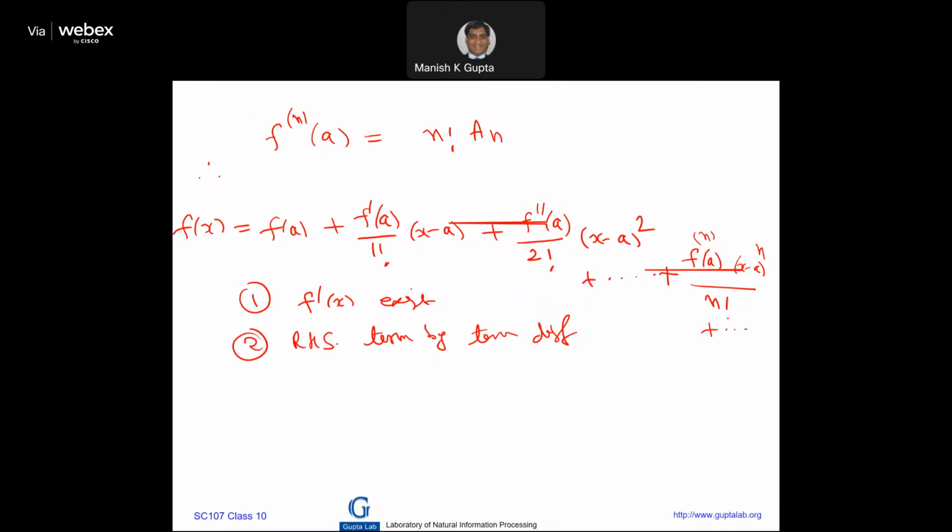This is the nth term, right? Then similarly, you can find n plus 1th term. Then you have to do un by un plus 1 or what? Something like that. And then take the limit. Un means nth term, right? Here nth term is f n a times x minus a whole power n divided by factorial n, right? So this series is convergent for what?